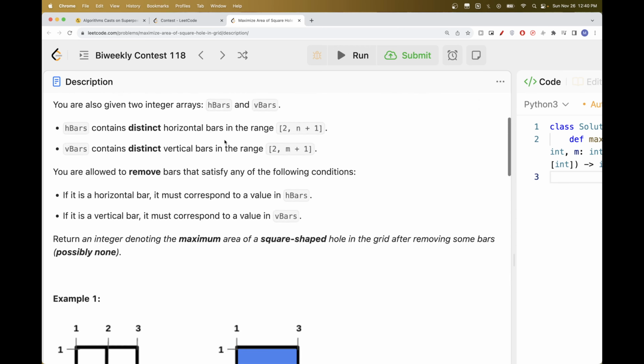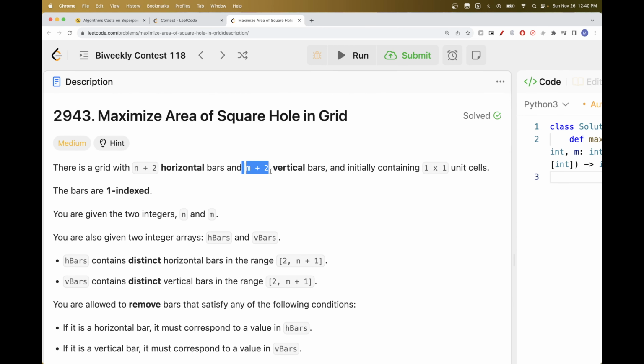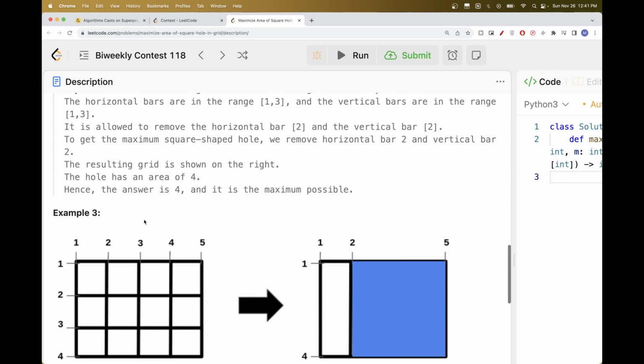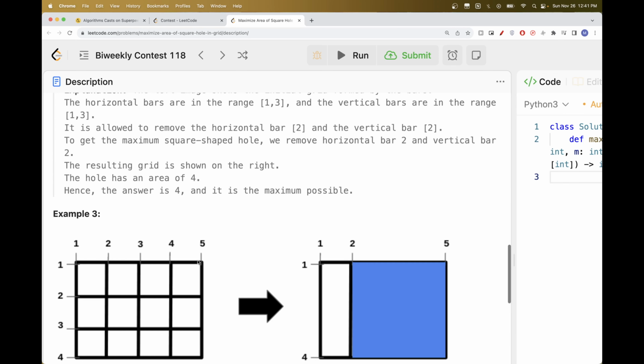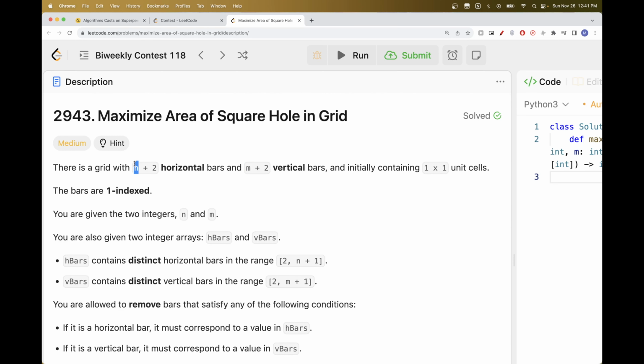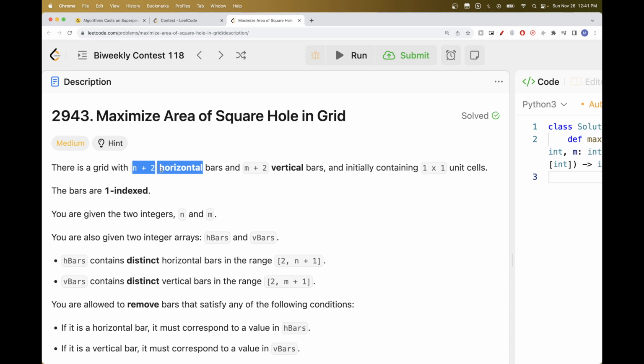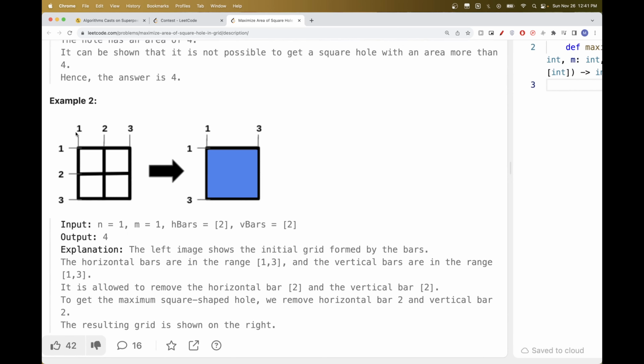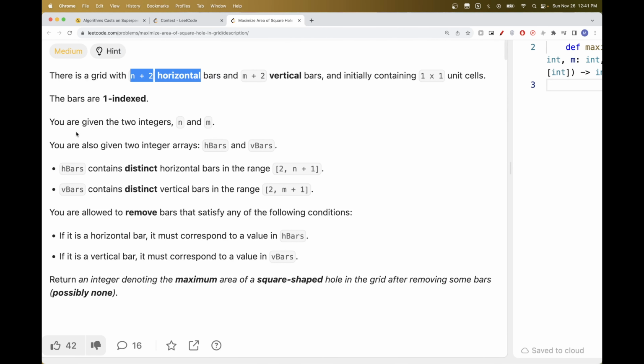That's what they are saying here, that we have m plus 2 bars because the first one and the last one are not middle ones, so they are not counted in m. Same thing for horizontal bars. We add 2 for the beginning and the end. And the bars are indexed starting from 1. So that's the first part that is slightly confusing.